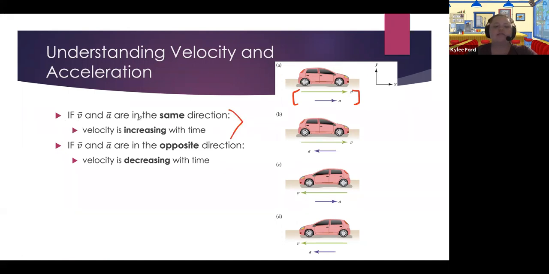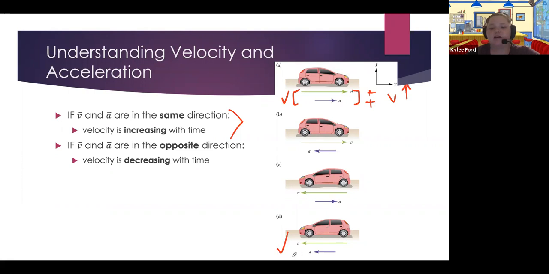If we have a velocity and acceleration that are pointing in the same direction, like we have here and here, that means the velocity is increasing with time. Again, velocity is in the positive x direction, and the acceleration is in the positive direction, that means our velocity is increasing.